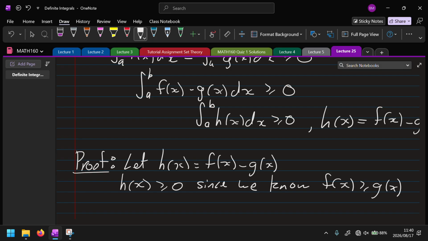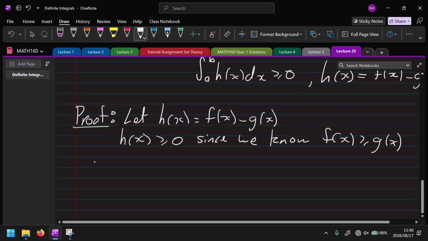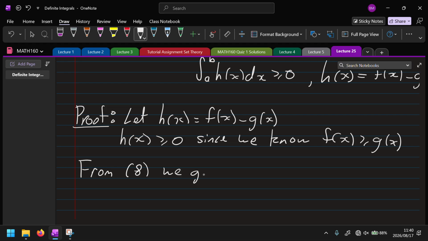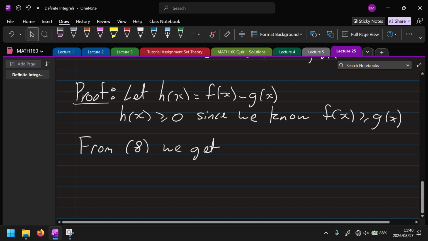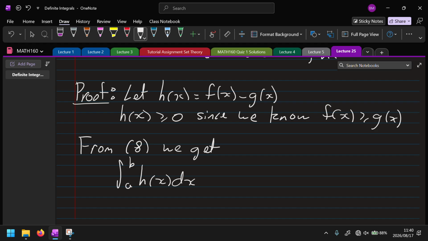Now, since h is a positive function, we know that the integral will also be positive, so let's do the integral. So from property 8, we get that the integral is also positive. Okay. Now we can substitute what h is.